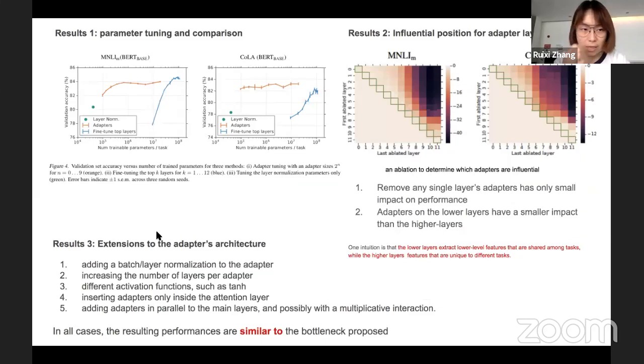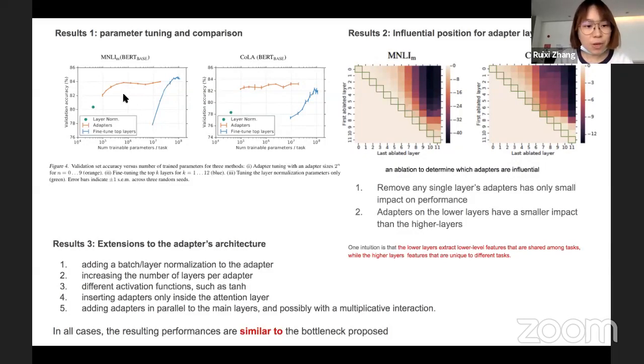Here I show some of the interesting results in this work. The first result is a comparison between the adapter and fine-tuning techniques. The orange one is the adapter and the blue one is fine-tuning. What we control in the adapter is the size of the units in each adapter layer. The x-axis is the number of total trainable parameters for each task.